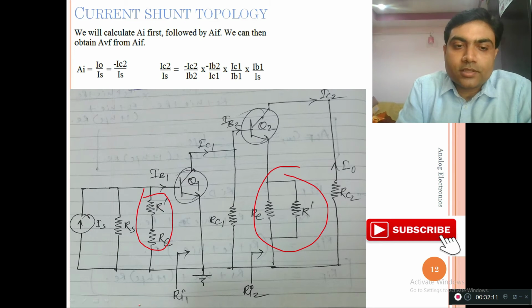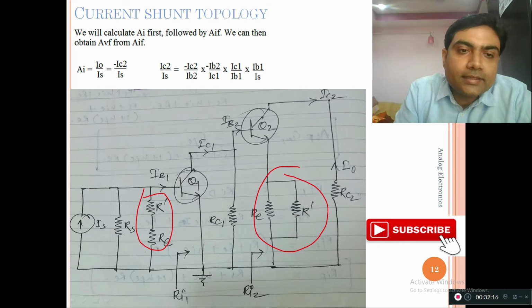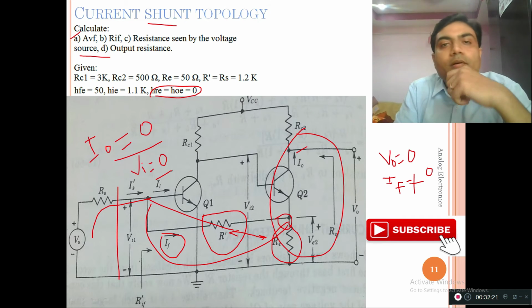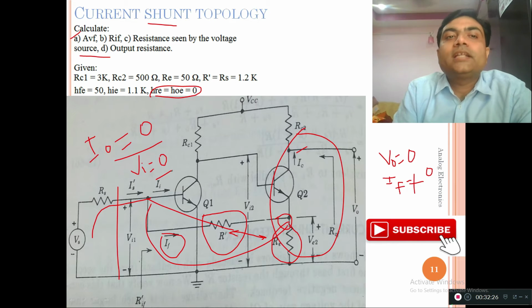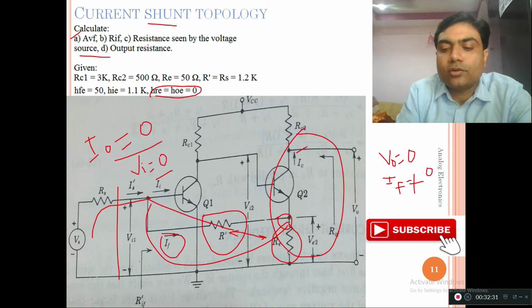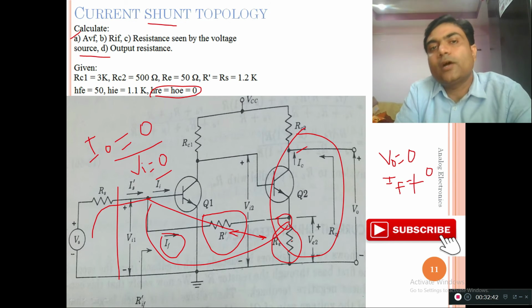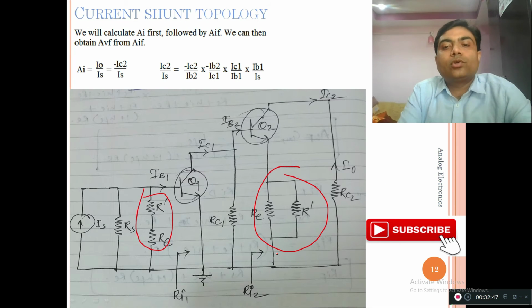Then we made Vi equal to 0, because this is shunt mixing, unlike the previous two cases where we were making Ii equal to 0. So now we have made Vi equal to 0 to find out the output circuitry, and when we make the input node short circuited, this R dash and RE come in parallel at the output circuit.